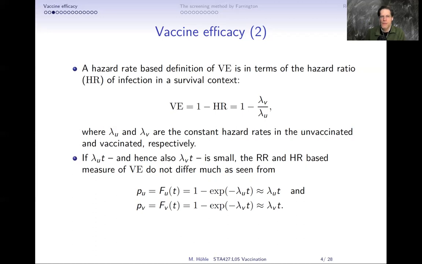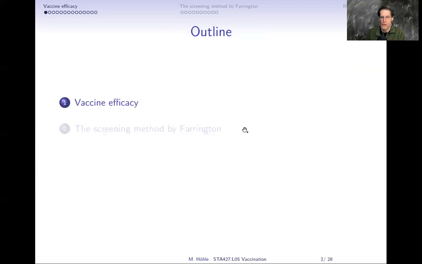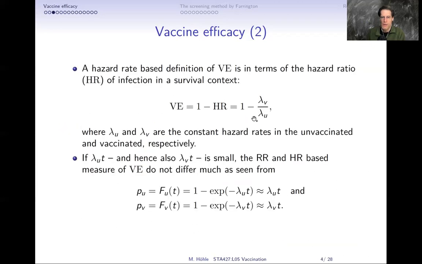In this case, you can also compute the vaccine efficacy as 1 minus a hazard ratio, lambda V divided by lambda U, which is a very similar setup to what we had here, except we're using the hazard ratio. Sorry about the scrolling. Is that any different? And the answer is no.